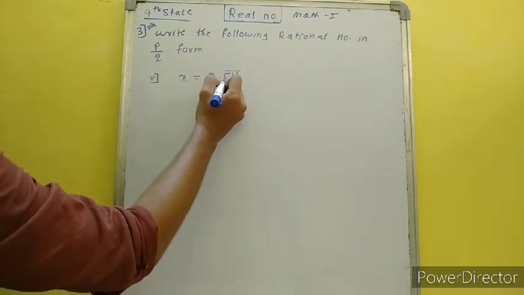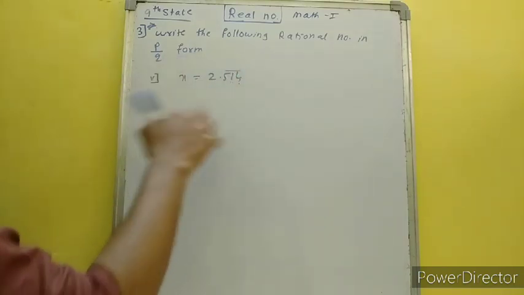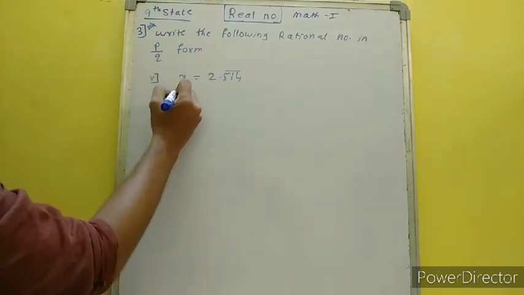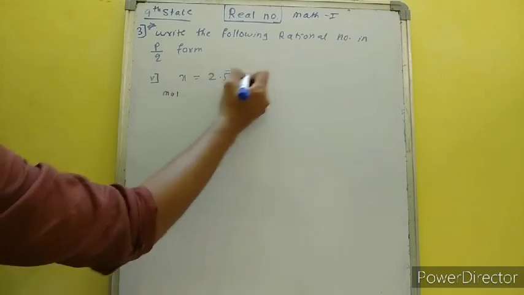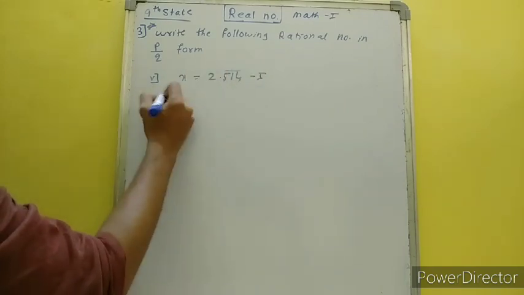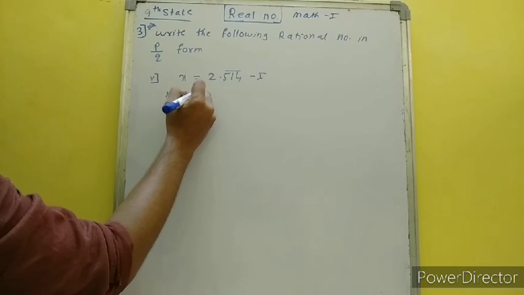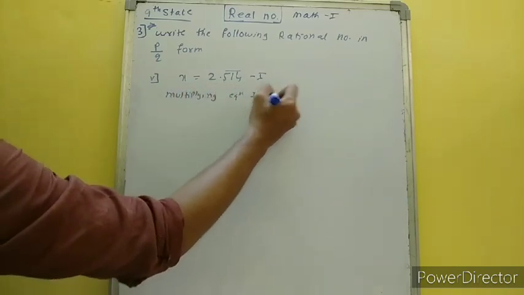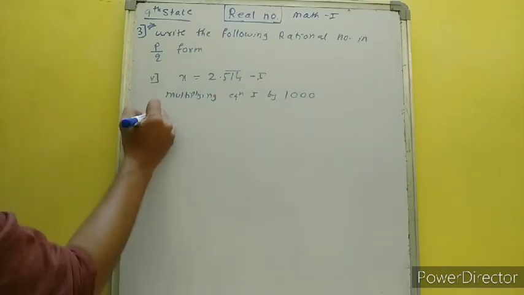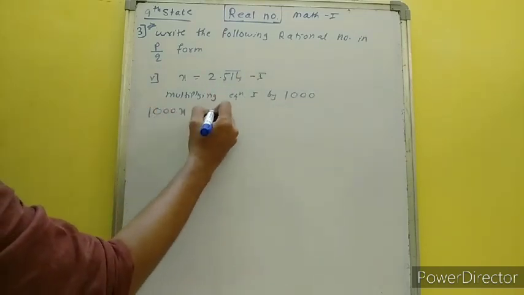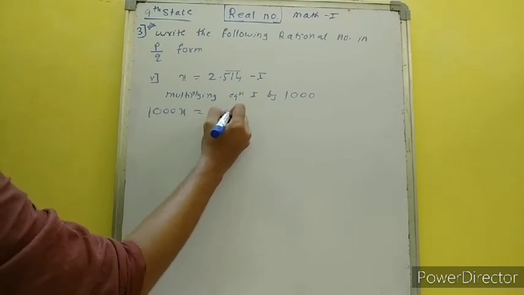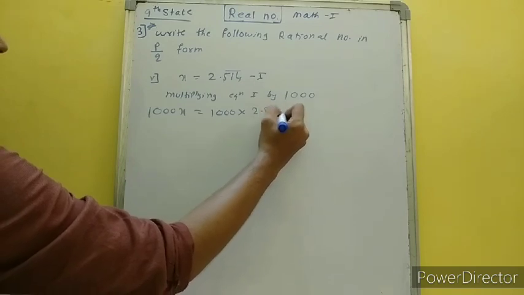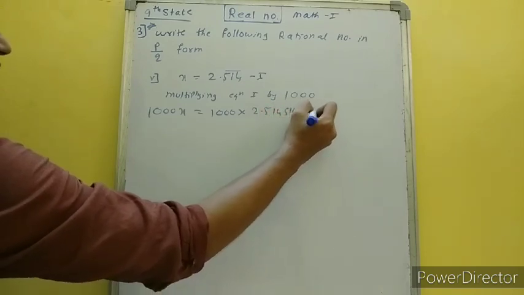Now as there are 3 numbers getting repeated, 1, 2, 3, multiplying by 1000, three zeros. So 1000 into x is 1000 into 2.514 recurring.